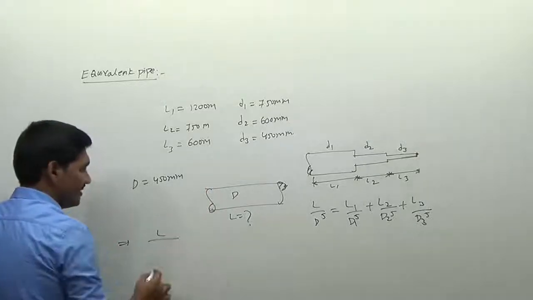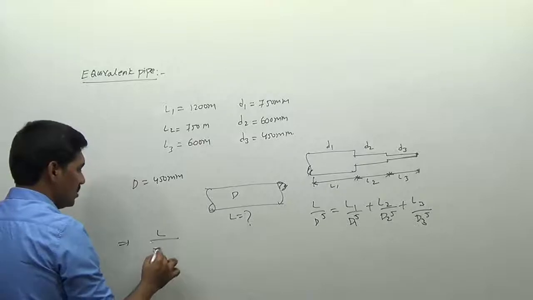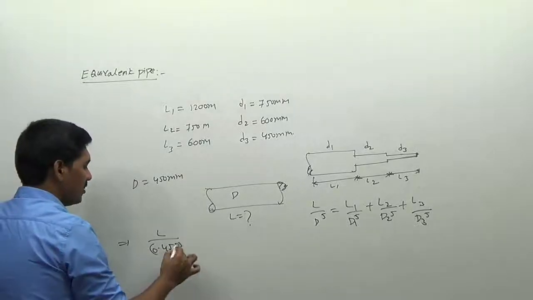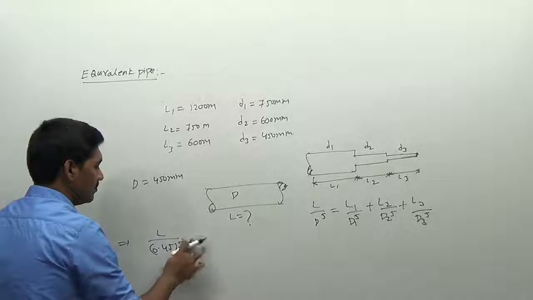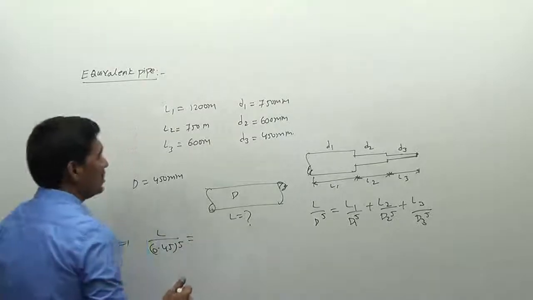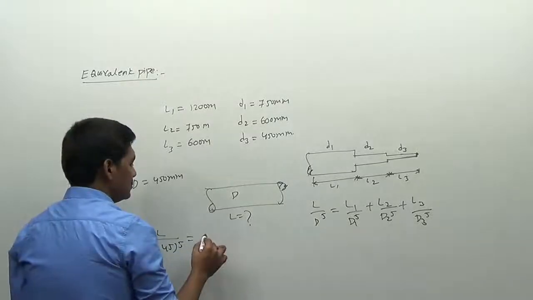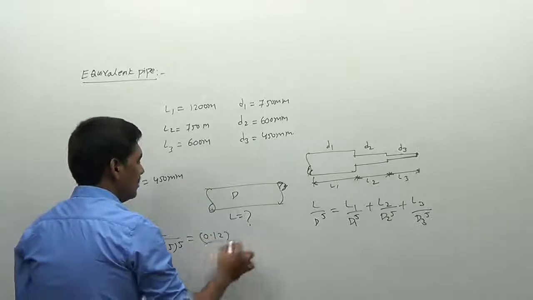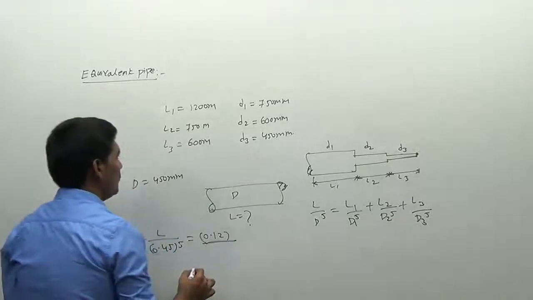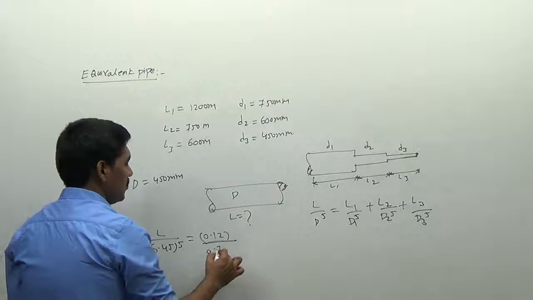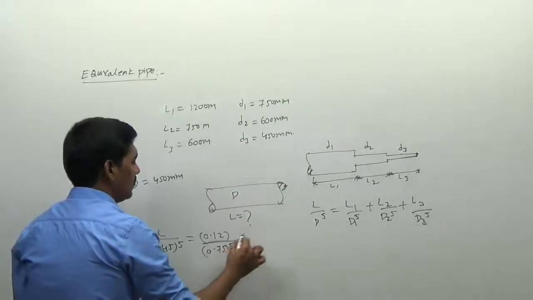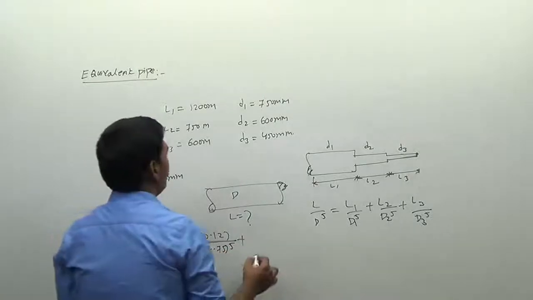So L divided by 0.45 whole power 5 is equal to L1, which is 1.2 divided by D1, which is 0.75 whole power 5. Now what is the value of L2?